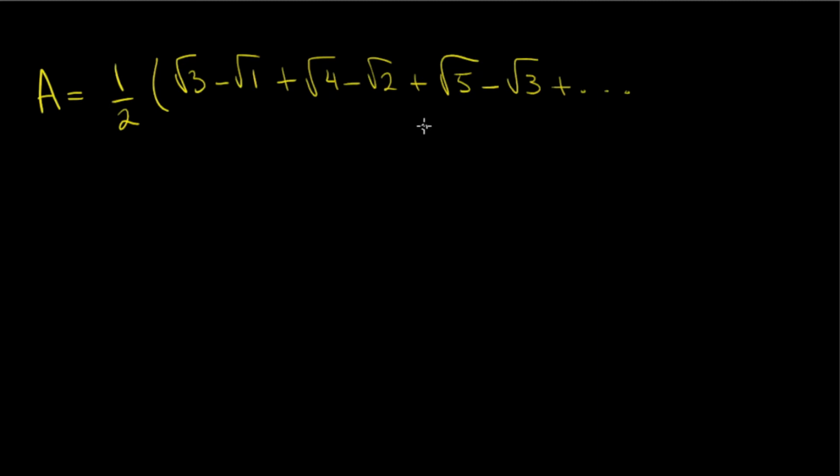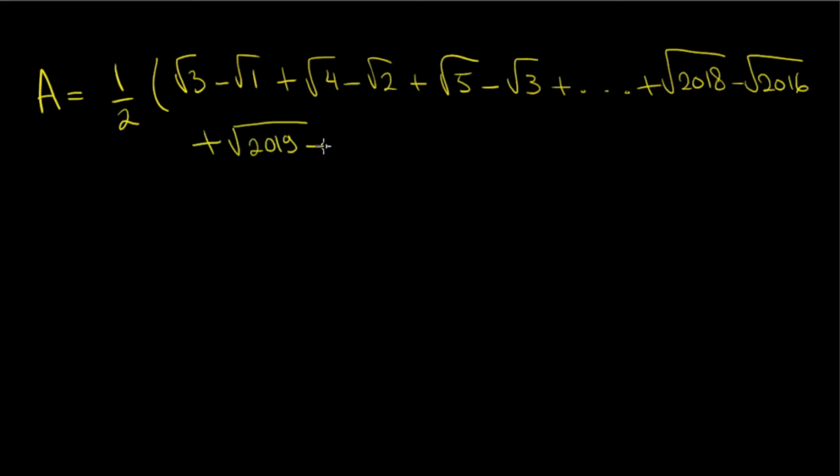Square root of 3 here is cancelled by a minus square root of 3 over there, and they become 0.